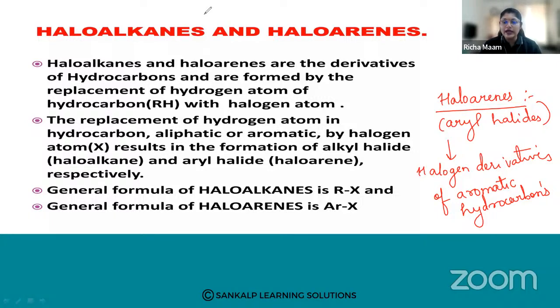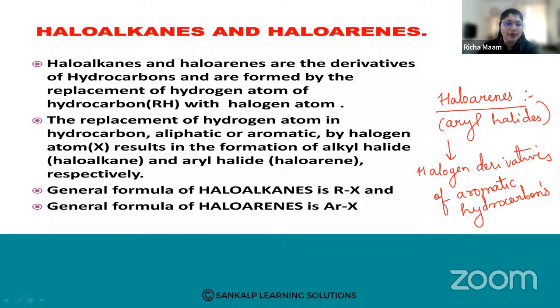So haloarenes are halogen derivatives of aromatic hydrocarbons in which one or more hydrogen atoms are replaced by a halogen atom.